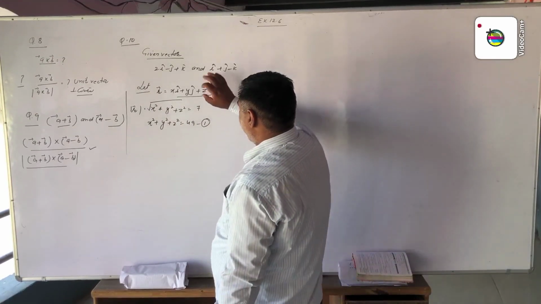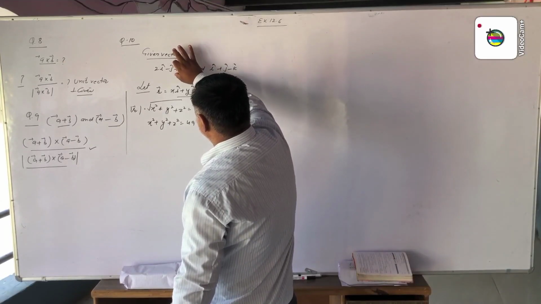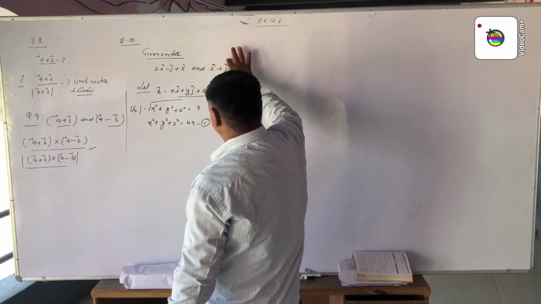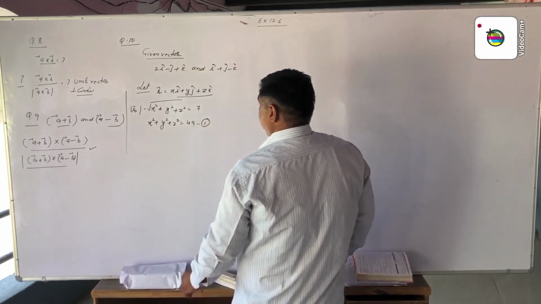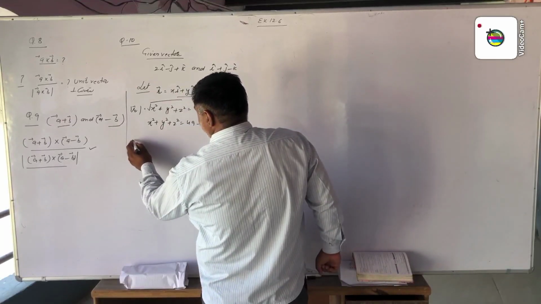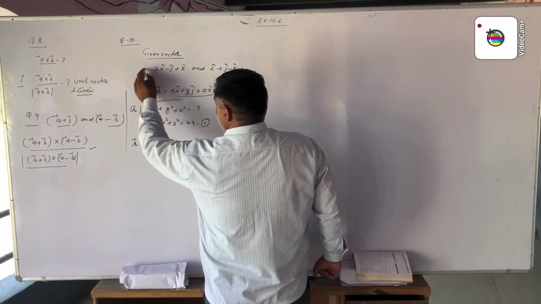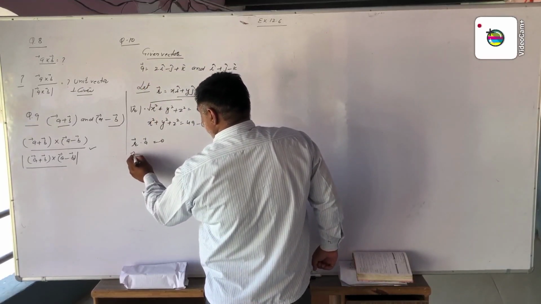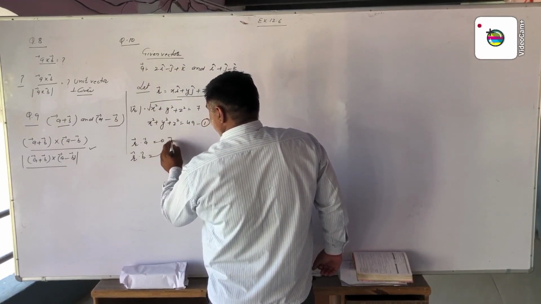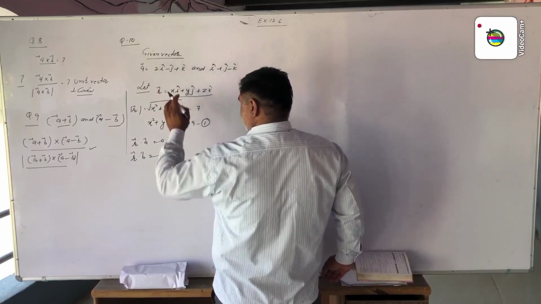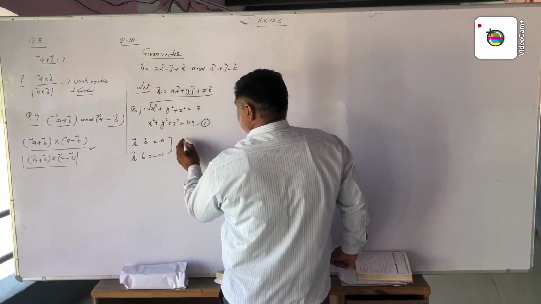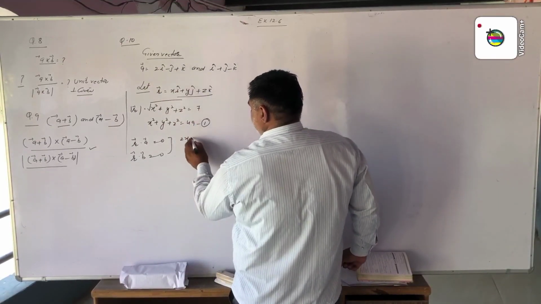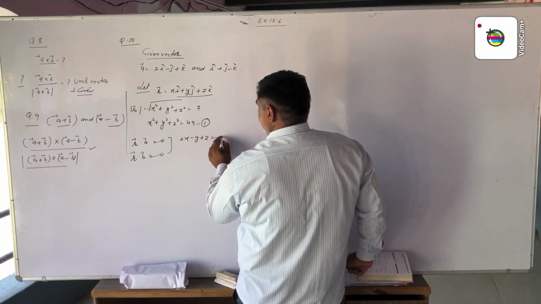Now vector r is perpendicular to these vectors. Since r is perpendicular to them, r dot vector A equals 0 and r dot vector B equals 0. Multiplying these, we get 2x minus y plus z equal to 0.